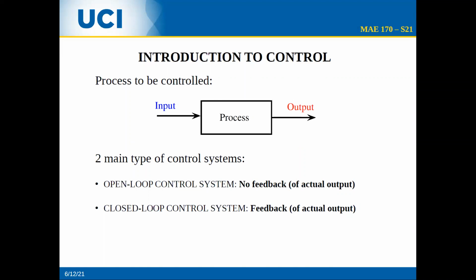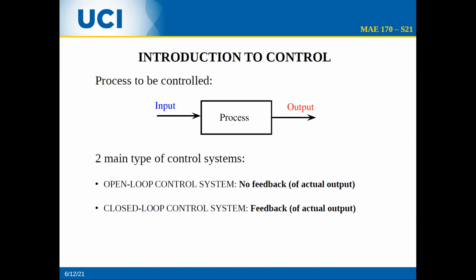And hopefully the output is what we want. And as I anticipated, there are 2 main types of control system. The open loop control system, in which we have no feedback of the actual output. So we have no idea, we cannot measure the output. So we hope that the output is what we want.